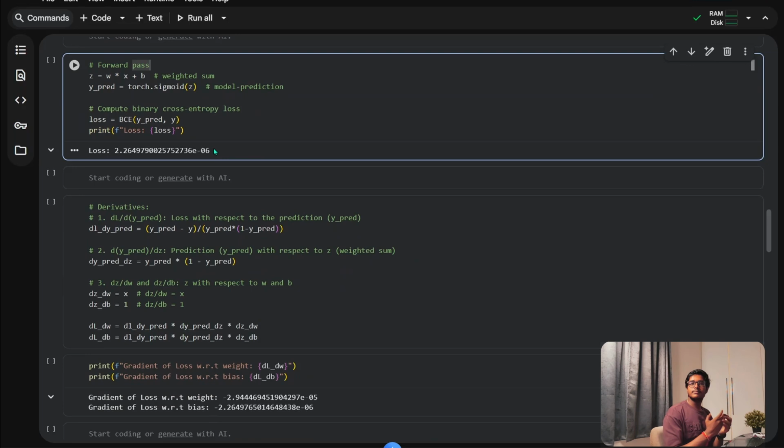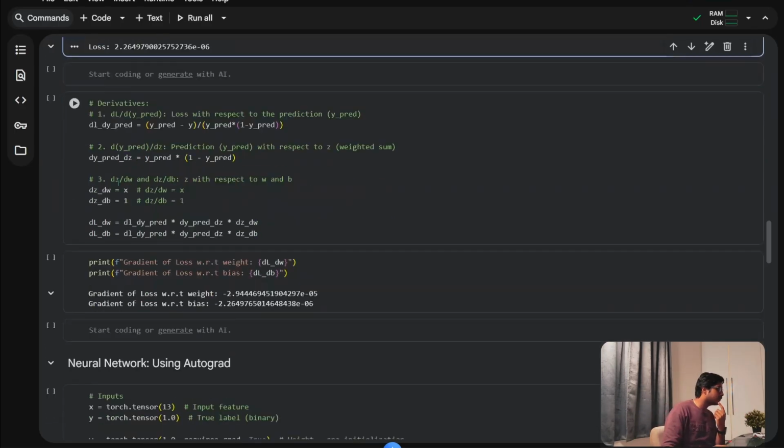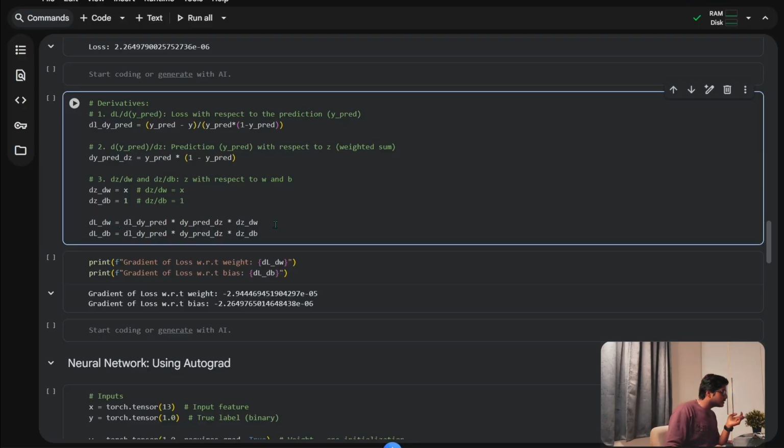So this was the first step, forward pass. The second step was loss computation. And the third step was computing the gradients of loss with respect to weights and with respect to biases. So that we are doing over here. So first, as you can see, my derivative of loss with respect to weight is nothing but derivative of loss with respect to y hat times derivative of y hat with respect to z times the derivative of z with respect to weights.